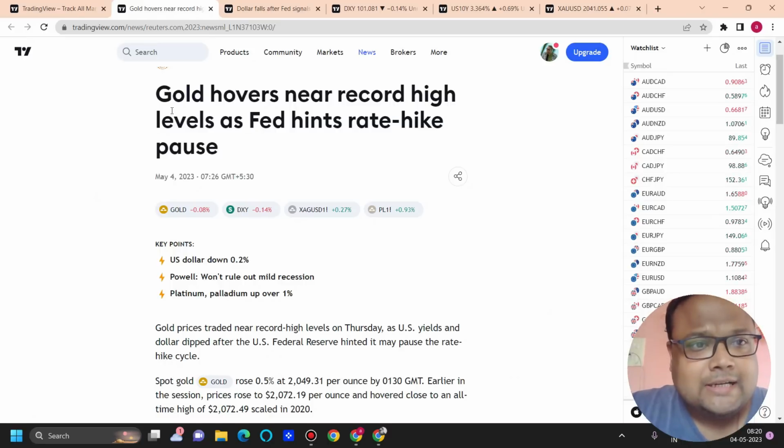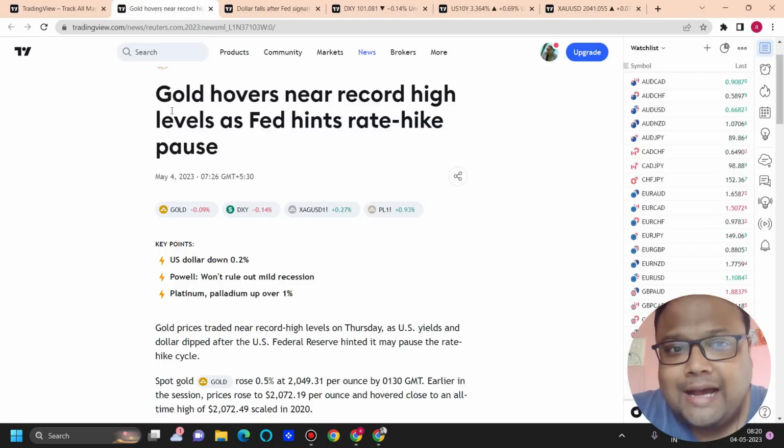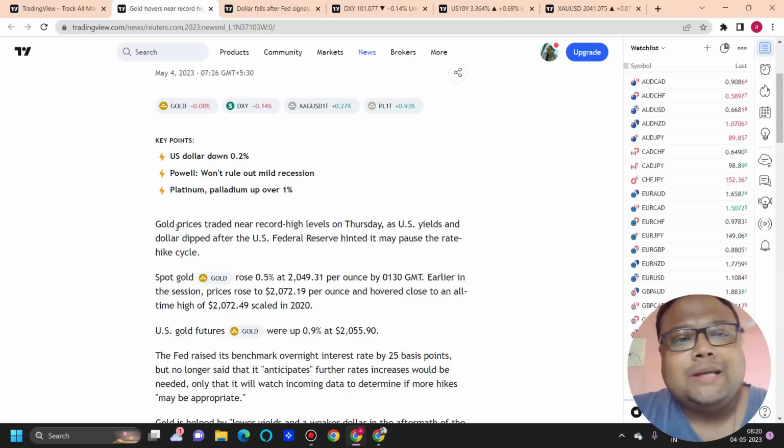Right now you can see that gold hovers near record high levels as the Fed hints at a rate hike pause. Gold prices traded near record high levels on Thursday as US yields and the dollar dipped after the US Federal Reserve hinted it may pause the rate hike cycle, because of which there was a drop in DXY and we saw a sharp move on the chart of gold.